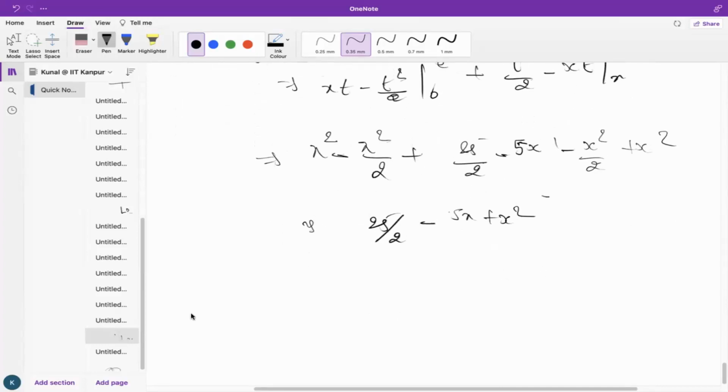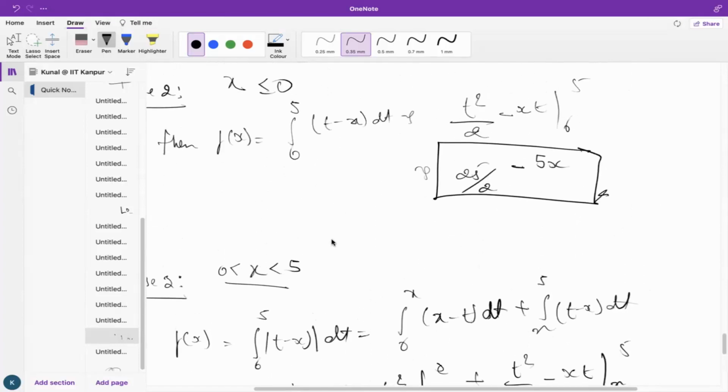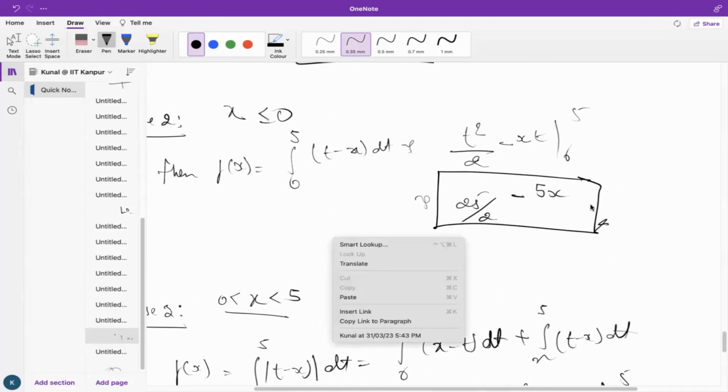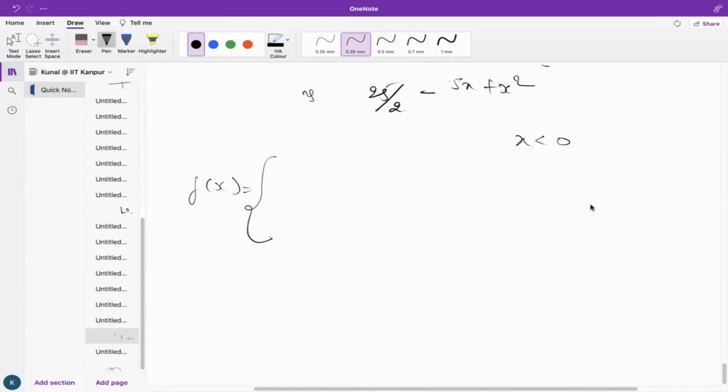So the final integral gives us three values. First, when x is less than 0, look here, we get 25 by 2 minus 5x. And when x varies from 0 to 5, we can write it as x square minus 5x plus 25 by 2.